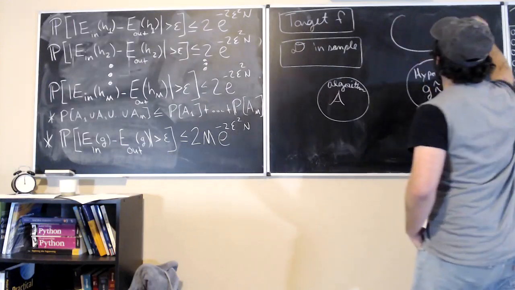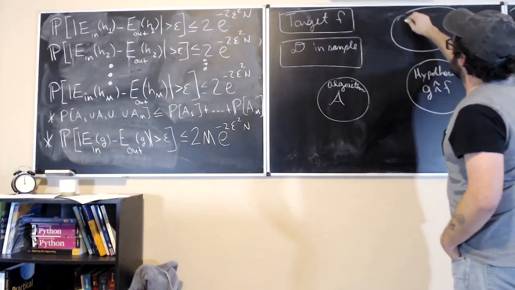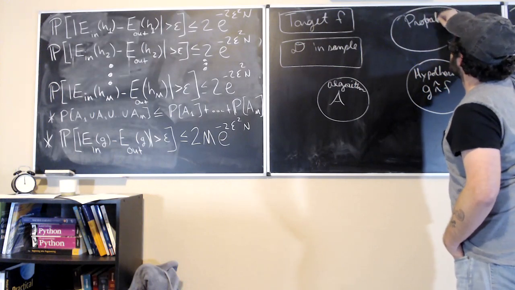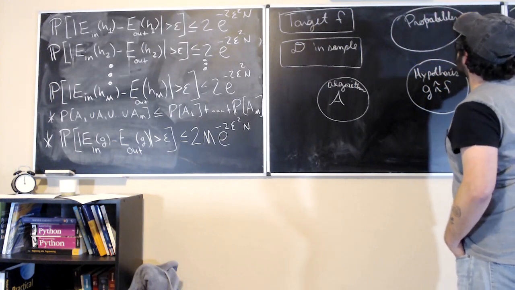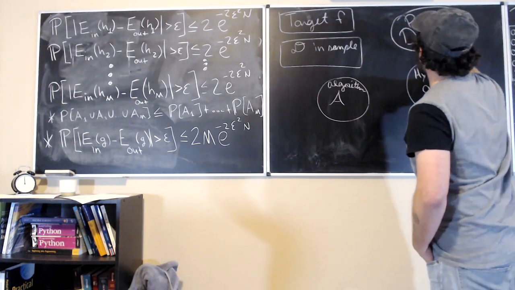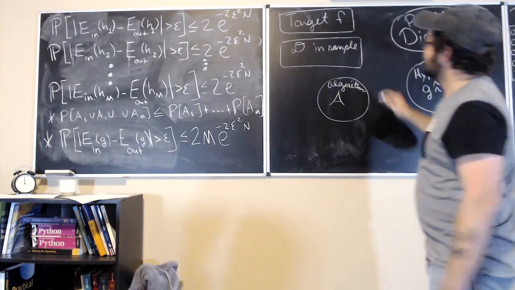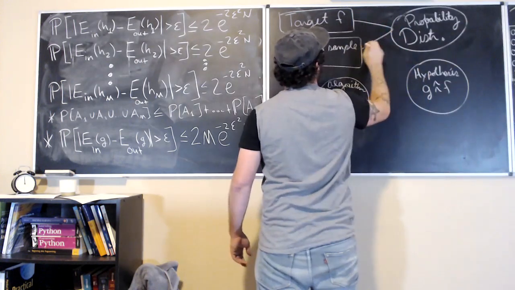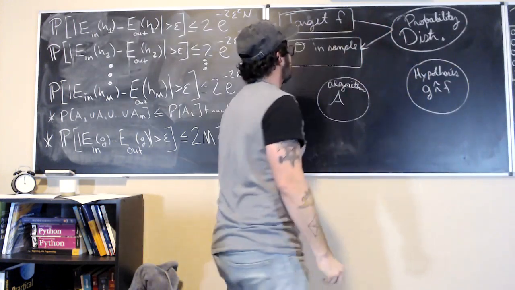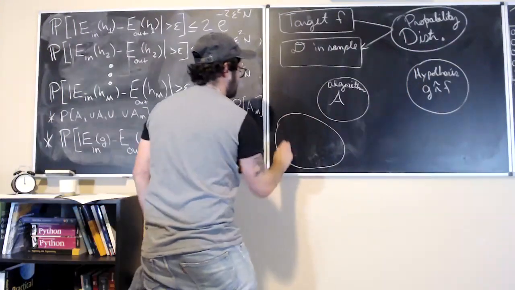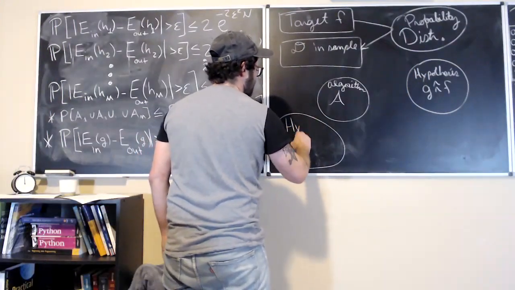So the new thing that we have is some probability distribution. We're going to run some probability distribution that generates our in-sample data. We have our hypothesis set here.